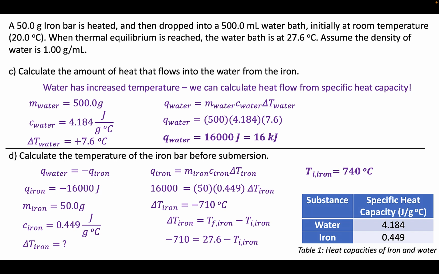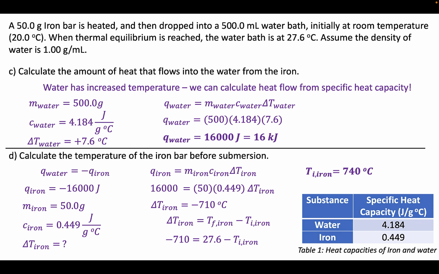We have an iron bar that's one tenth the size of the water bath, and it makes the water bath rise only 7 degrees. So we have 100 times more temperature change for the iron than the water. Does that make sense? Actually it does, because not only is there 10 times as much water, but there's also 10 times the heat capacity.